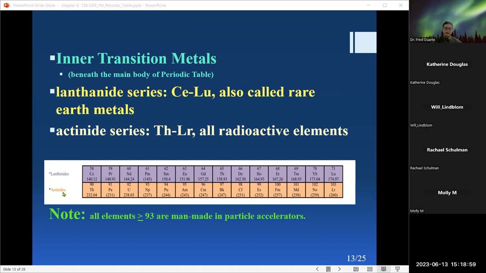And then basically everybody in the actinide series is radioactive. All radioactive. I thought I misstated: it's 93 and above that are all man-made elements. You put them in particle accelerators and bombard them to create new elements.